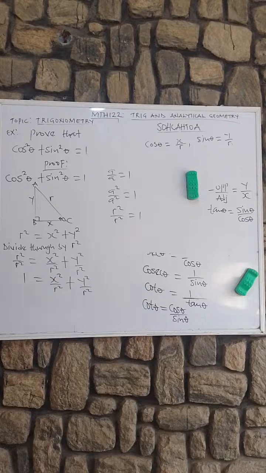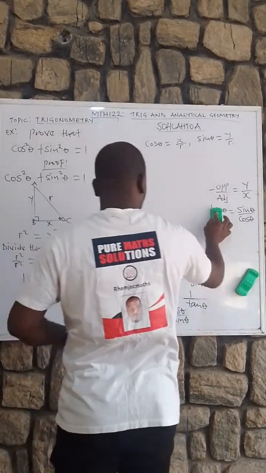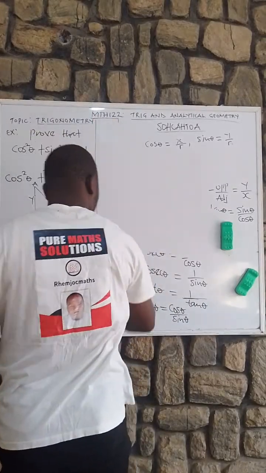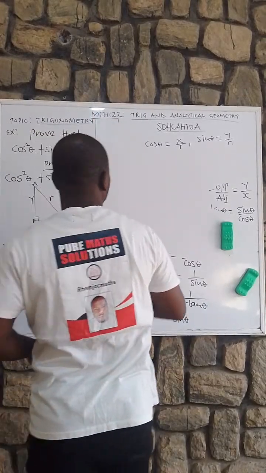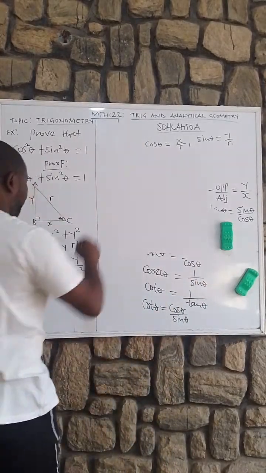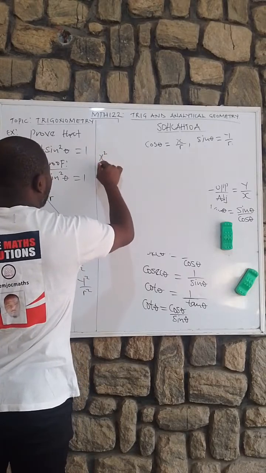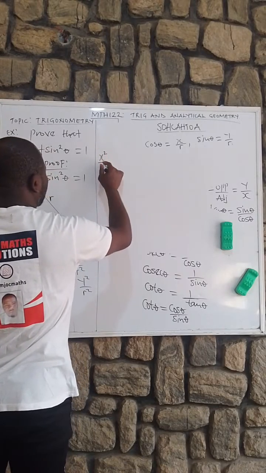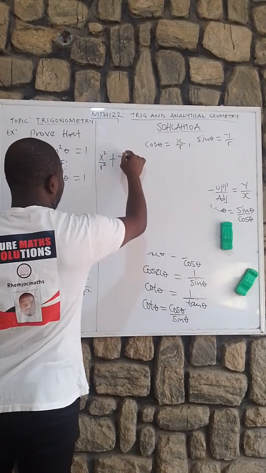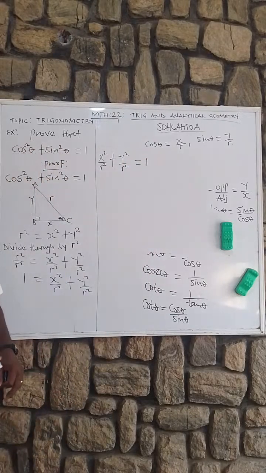Let's proceed. So we can write this in this form: x square all over r square plus y square all over r square is the same thing as 1. That doesn't commit any offense.